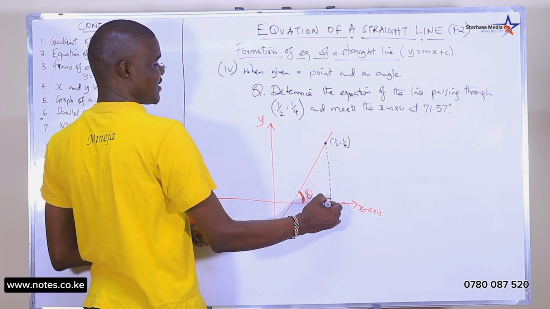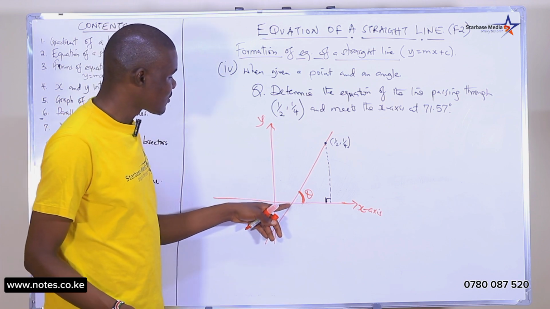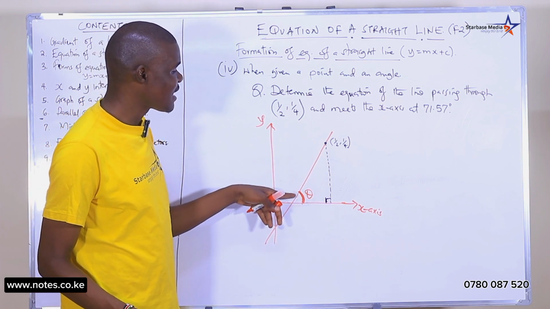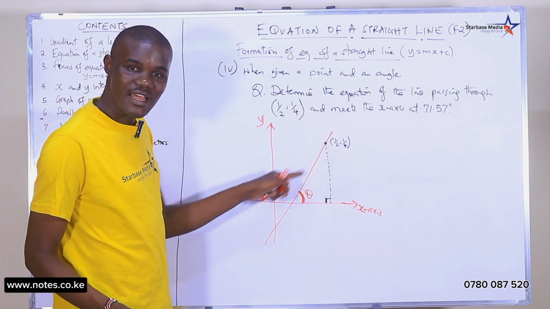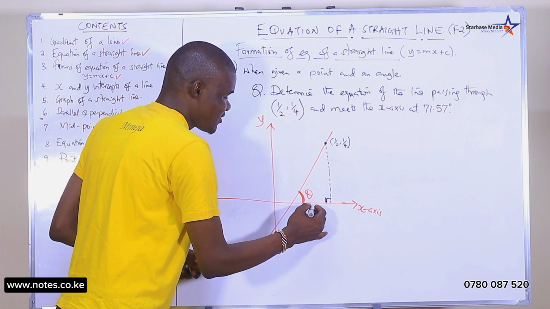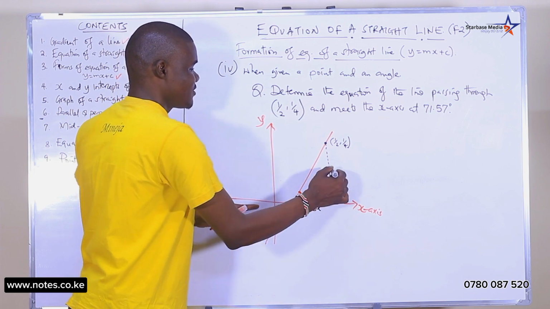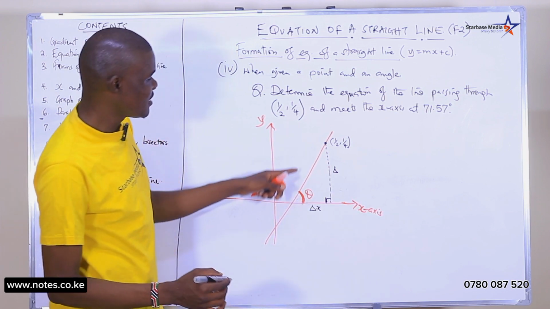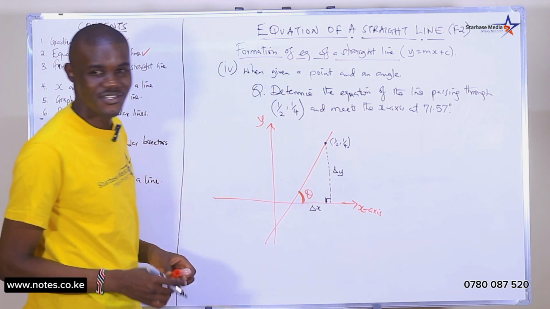What you realize is that you have constructed something like a right angle triangle, and then we see that the hypotenuse is the line, and then the x-axis is the change in x, and the y-axis, which is the height of this triangle, is the change in y.